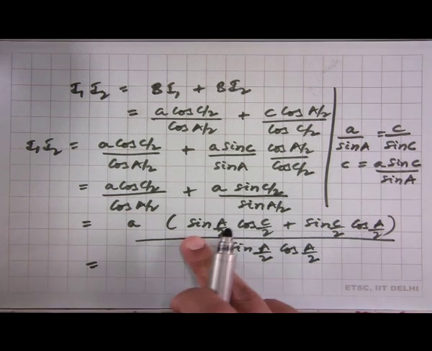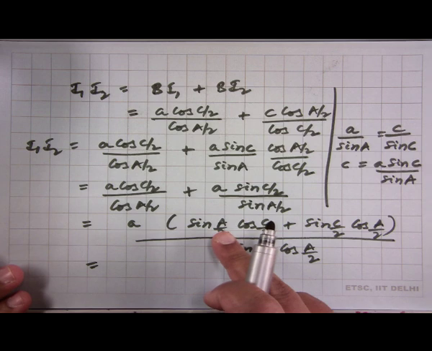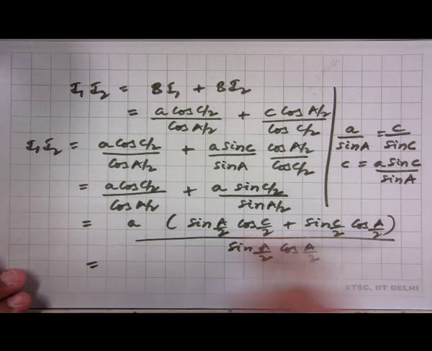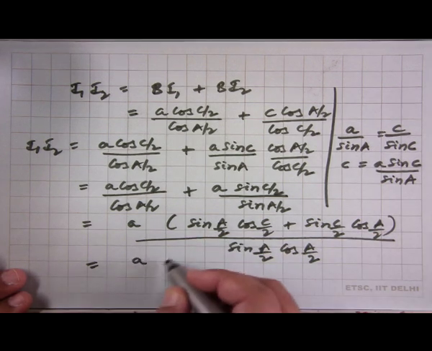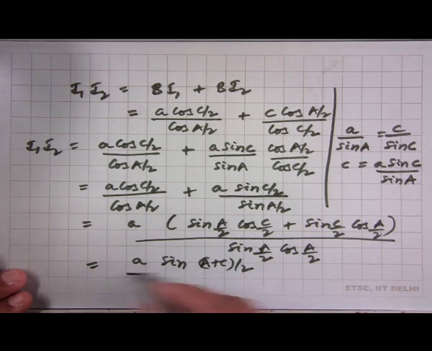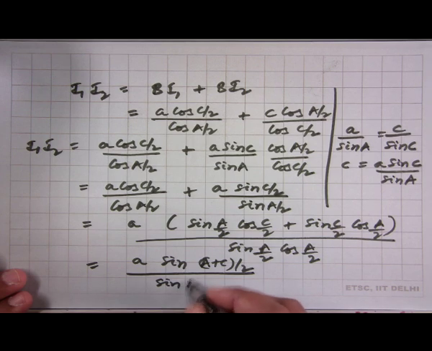But this expression in the numerator is of the type sin a cos b plus cos a sin b, and therefore that is equal to a times sin((A+C)/2) over sin(A/2) cos(A/2).